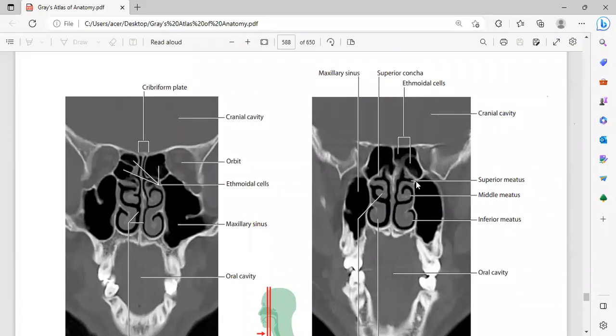And then underneath that, you have these things called meatus. So under the superior concha, you have the superior meatus. Under the middle concha, you have the middle meatus. And under the inferior concha, you have the inferior meatus. Okay, so there are a lot of structures that come from outside the nose, which enter the nasal cavity through these meatus.